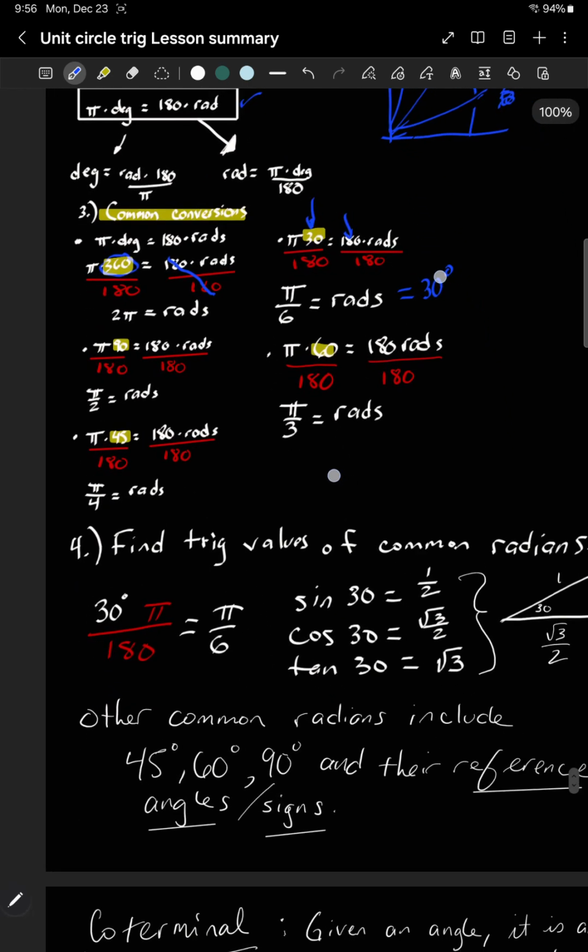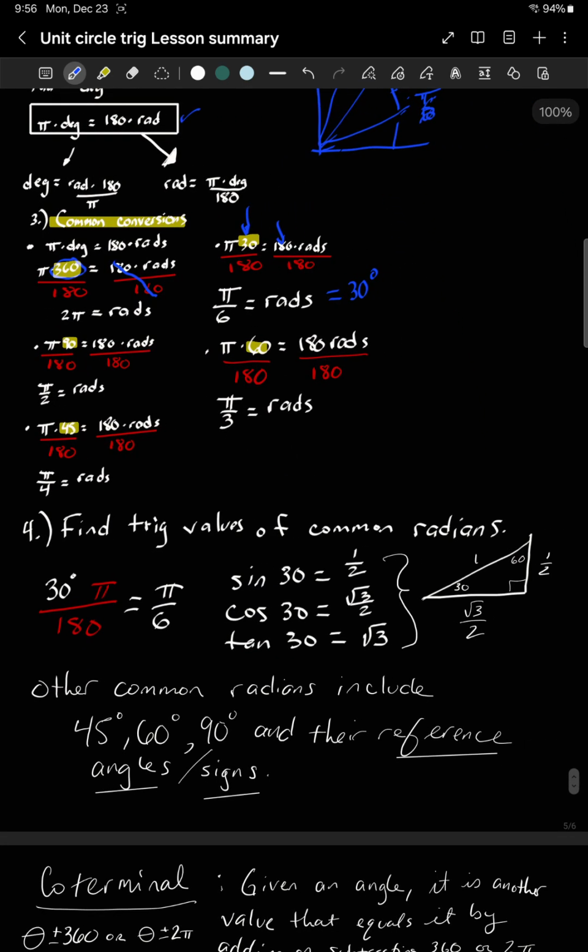Okay, now this is going to help us find trig values of common radians. So, for example, if we wanted to convert a common angle, such as 30 degrees, we end up getting pi over 6. Now, what is pi over 6? That's the 30 degrees. So if I wanted the cosine of pi over 6, or the sine of pi over 6, it's the same as taking the sine or cosine of 30 degrees.